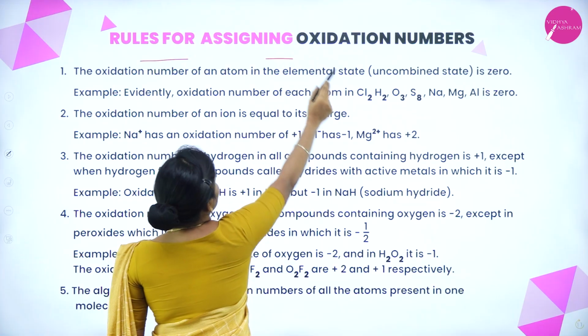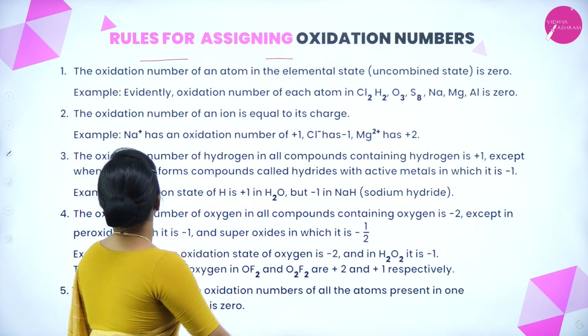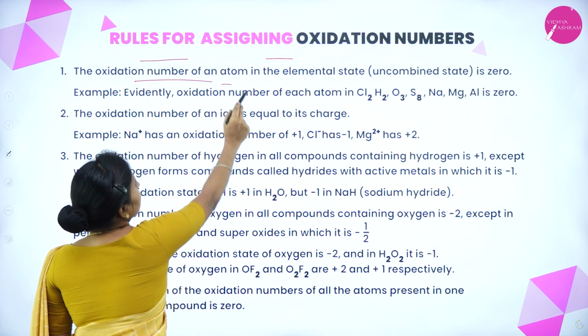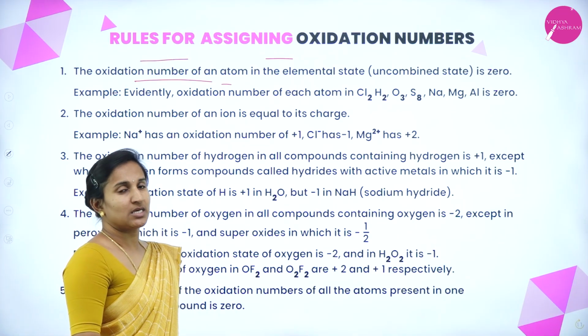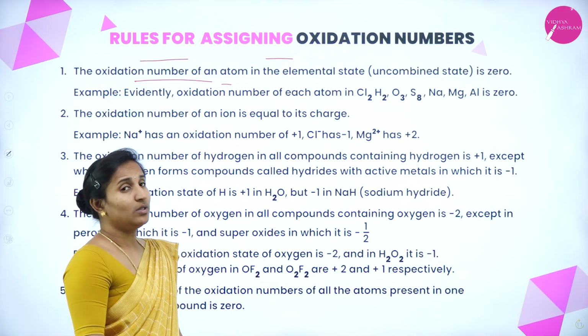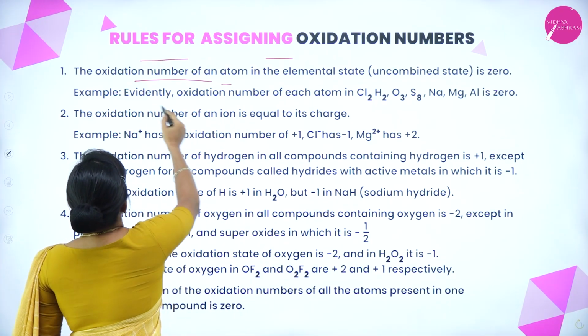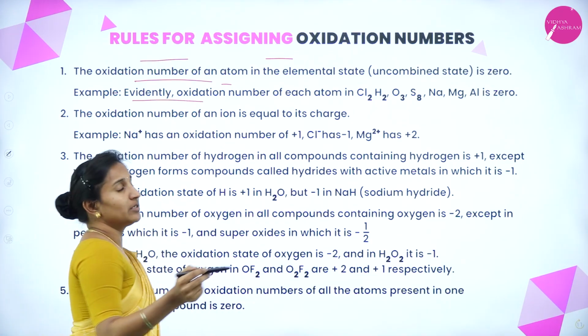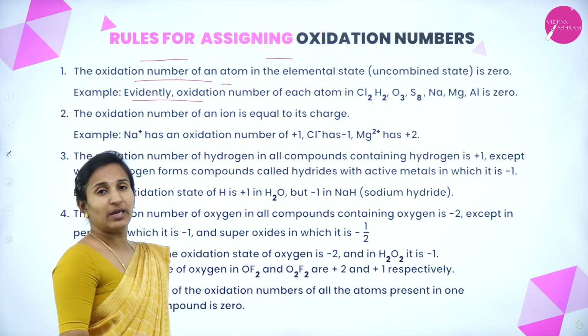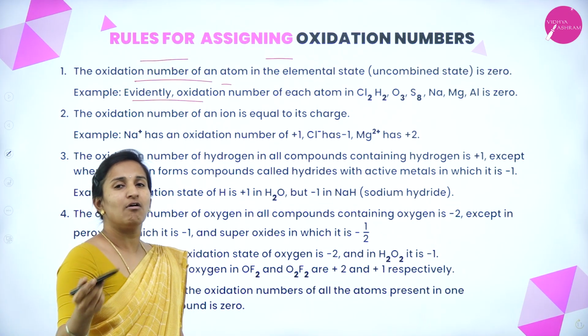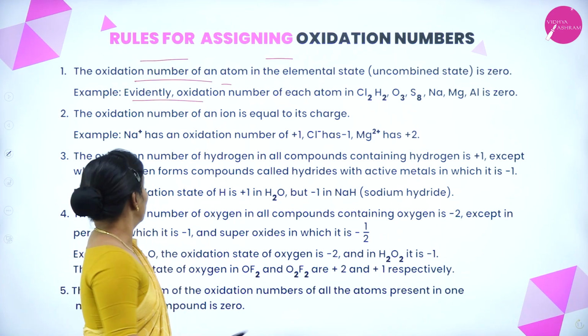Rules for assigning oxidation number. The oxidation number of an atom in the elemental state, that is the uncombined state, is 0. For example, the oxidation number of each atom in chlorine, hydrogen, nitrogen, oxygen is 0.